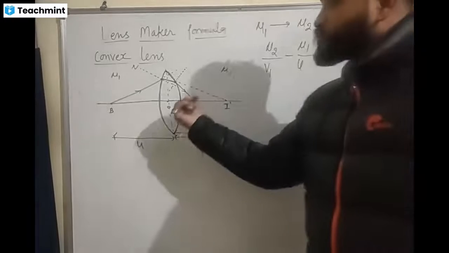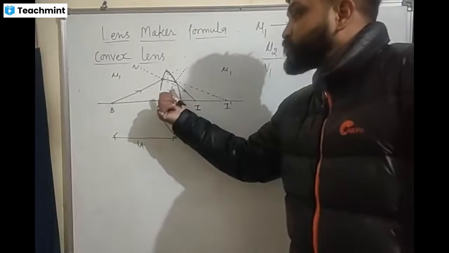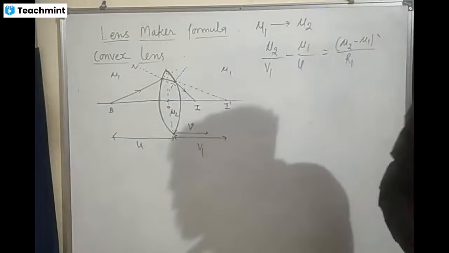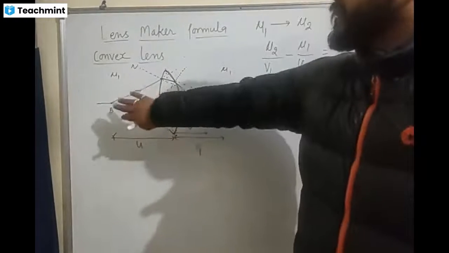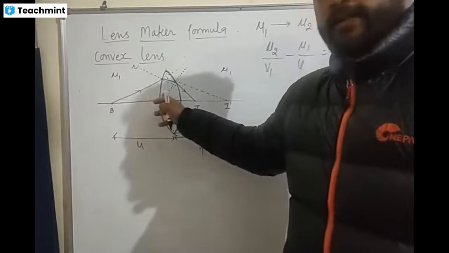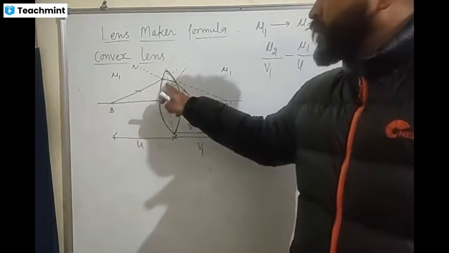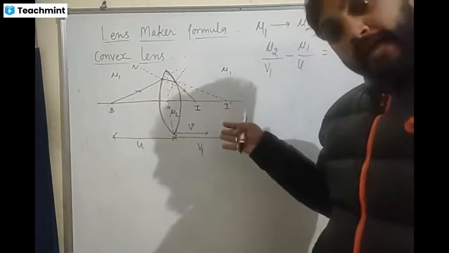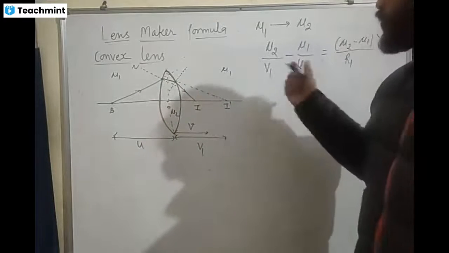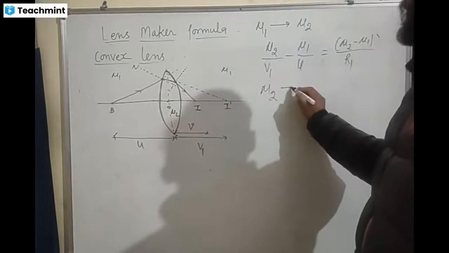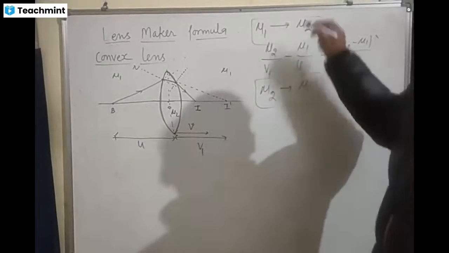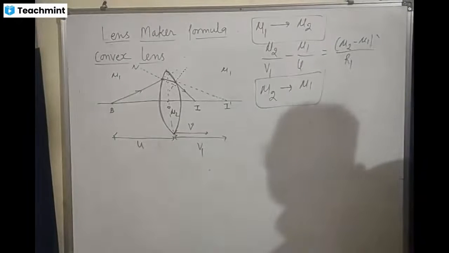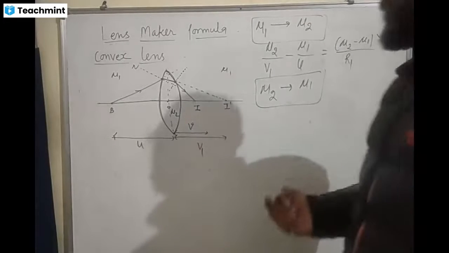Now in the second case, what is happening? The ray of light is going from mu2 to mu1. First the light enters from rarer to denser, means from air to glass. In the second case, the ray of light is going from glass to air, again from denser to rarer. So whenever the ray of light is going from mu2 to mu1, what will the formula become?